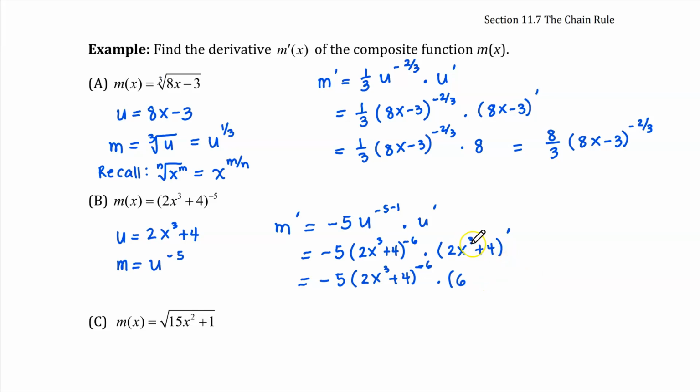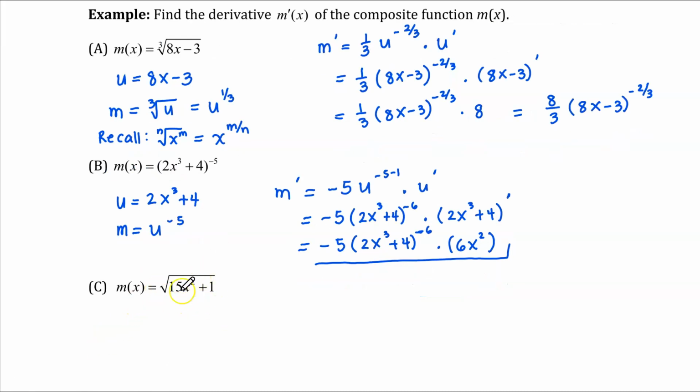And you subtract 1 from the exponent here. So you have x, 3 minus 1 is 2. And the derivative of 4 is 0. This is the derivative of the quantity 2x cubed plus 4 to the negative 5.